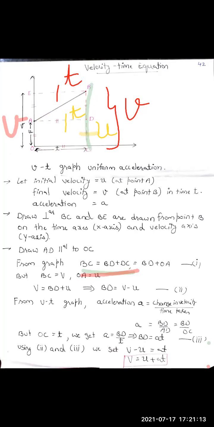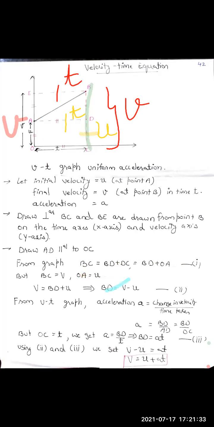Now, your DC is nothing but, as you can see, this DC is U, which is equal to OA. This OA and DC, they are equal. So instead of DC, here we are substituting OA. So BC equals BD plus OA. This is equation number 1.